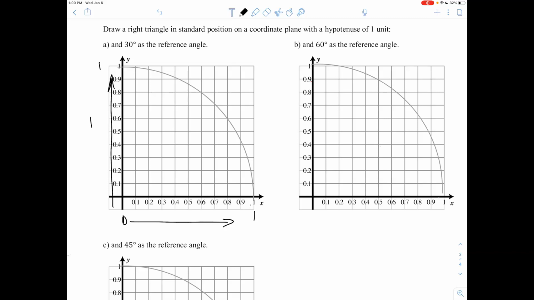Then get your compass and put the compass stylus right here, measure out your 1 unit, and draw a quarter circle.